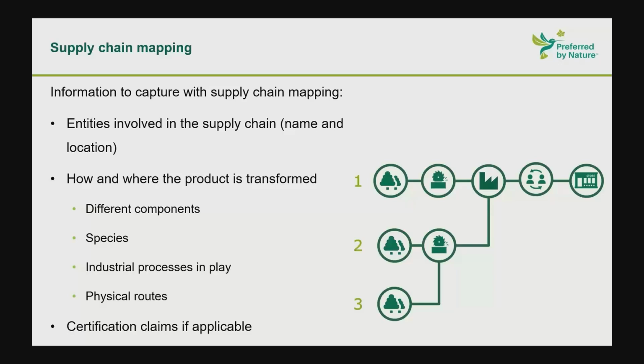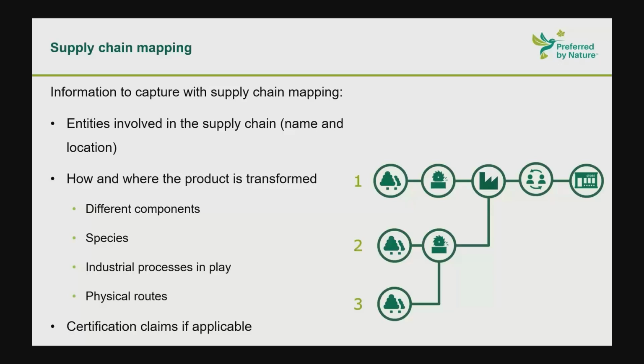The species, the industrial processes in place, where and how products are transformed, who is doing what along the supply chain, and also the physical routes that might be different to the financial routes. So you might have entities in the financial trail that do not take physical possession of the product, for instance. So all this information will help you know where your product comes from to be able to start doing risk assessment on illegality at the forest level. Right. Certification claims is also an information that you can plug on a supply chain map.